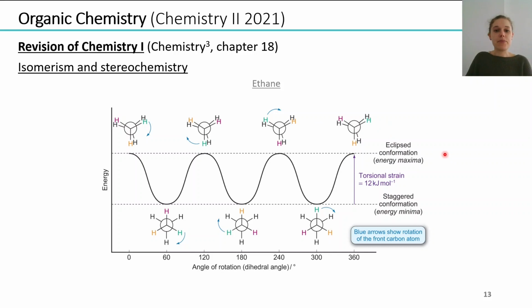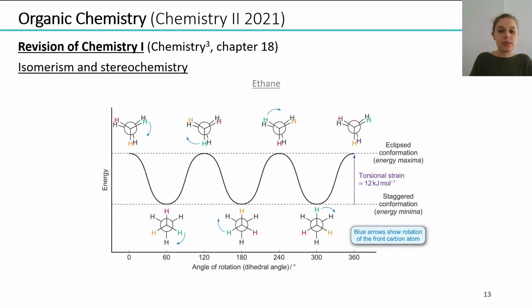And the staggered conformation is always more stable, as we have lower energy in the system, because we have less repulsion of the hydrogen atoms compared to the eclipsed conformation. And we have the so-called torsional strain of 12 kilojoule per mole, which is required to convert one conformation into the other.